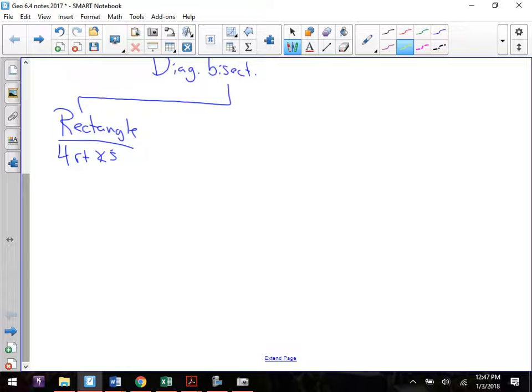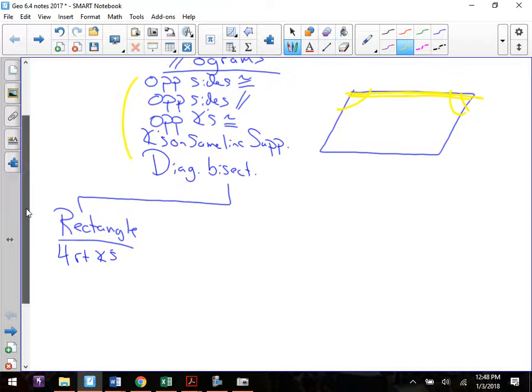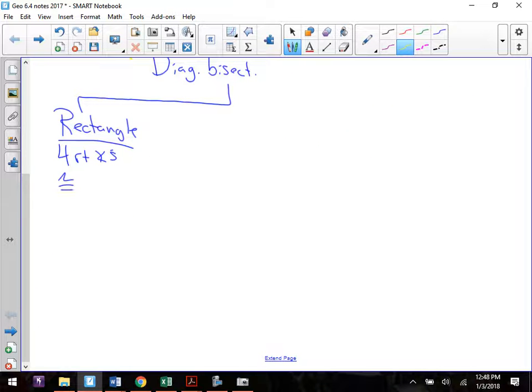Can you remember what the other important part was? Diagonals. Remember, Joe, everything that's already listed here, they're going to have. What makes it more specific is the right angles and congruent diagonals. The other one that was the quick branch off of the parallelogram is the rhombus.